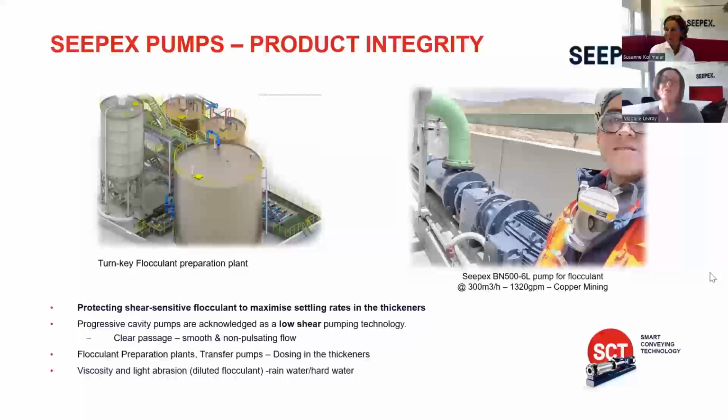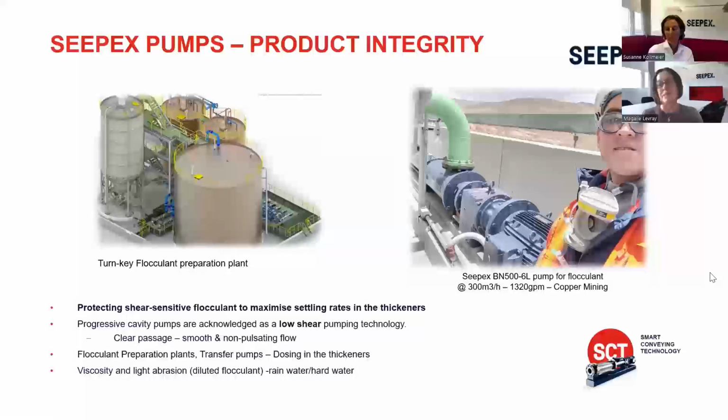But one of the first applications we are really known for in the mining industry is flocculant, and that is because progressive cavity pumps are widely acknowledged as a low shear pumping technology. So we're going to work a lot with EPCM, providing flocculant preparation plants to the mining industry.